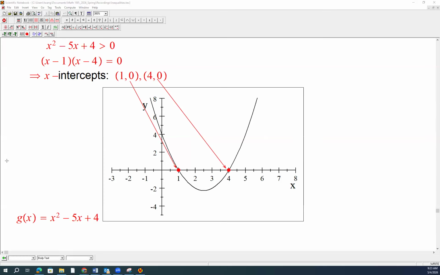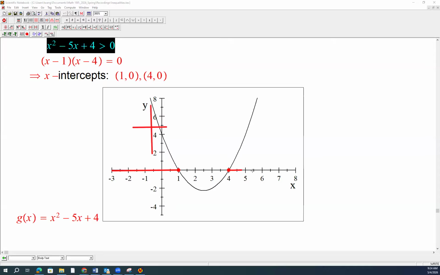So now our question is to solve the inequality, and we want g to be positive. Where is g positive? For all of these inputs, g is positive because the entire curve is positive.